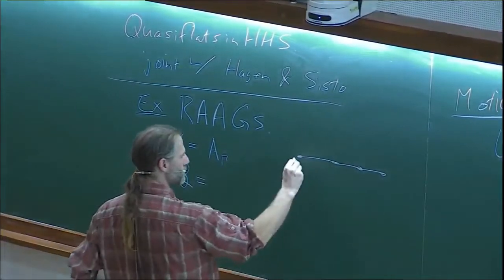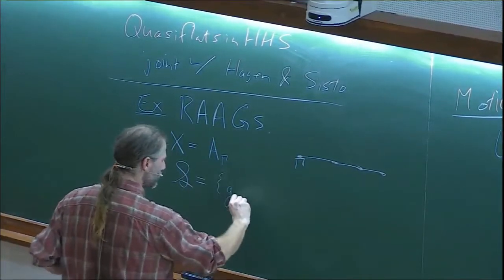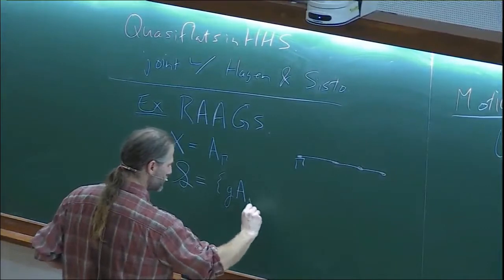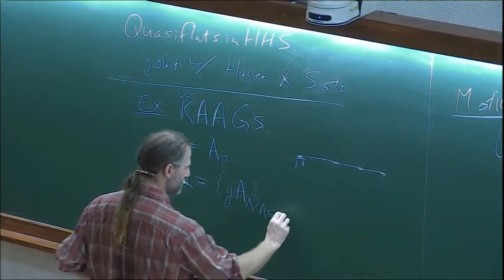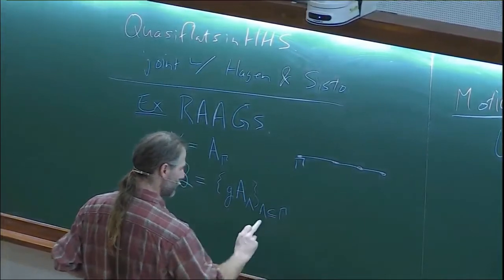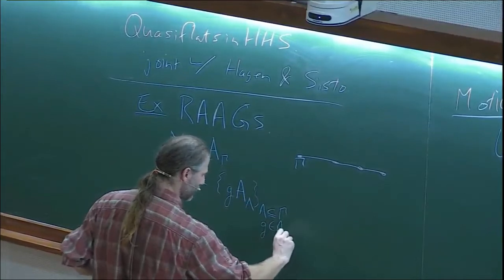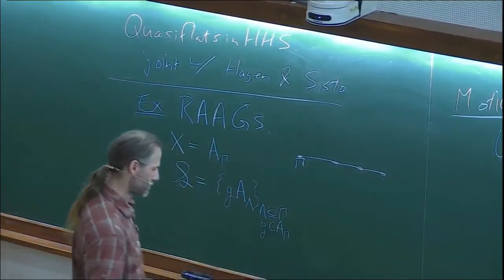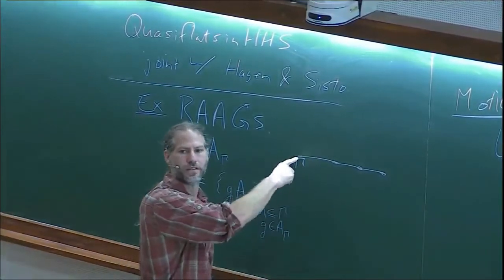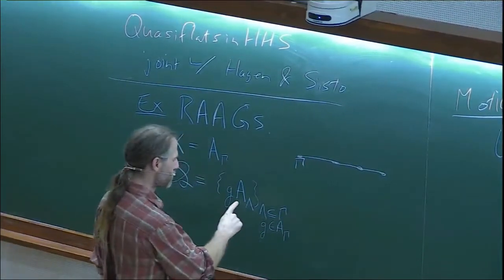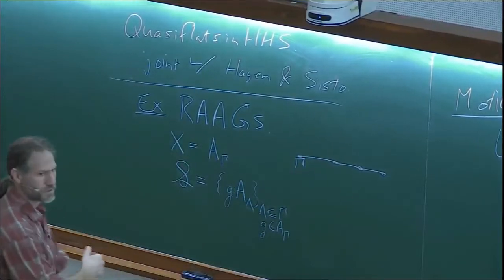So S is equal to the set of g A sub lambda, where lambda is contained in or equal to gamma as a subgraph, and g is an element of A sub gamma. For instance, if I pick this vertex, that's a subgraph of this form, and then I could look at left cosets of that. Those would be the elements in the index set.